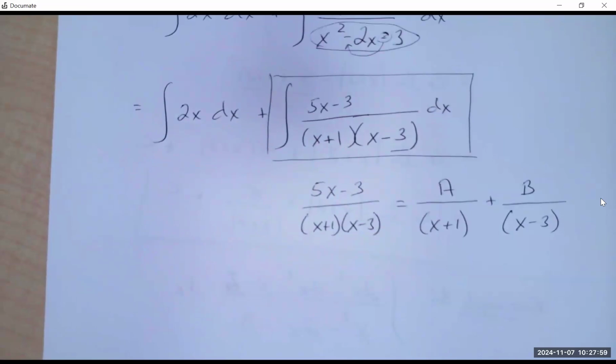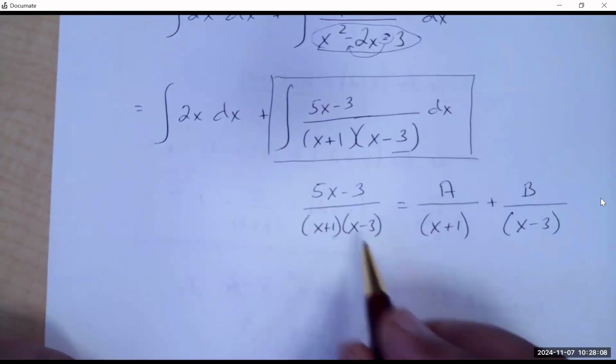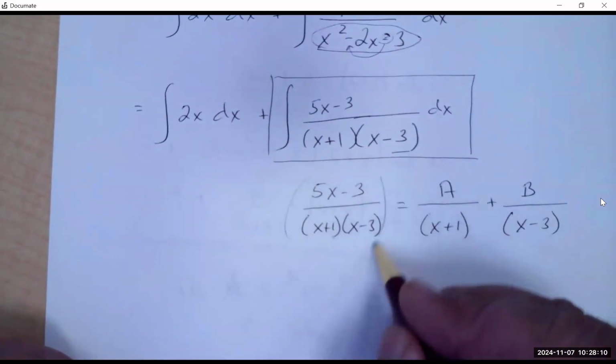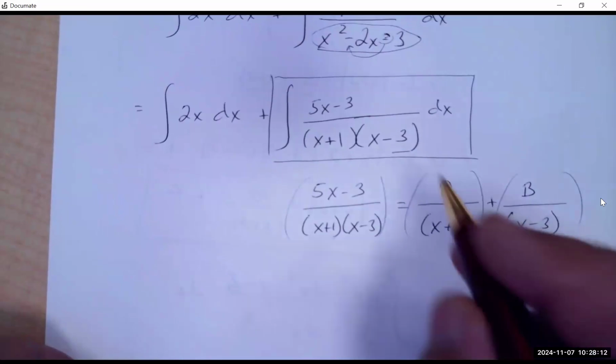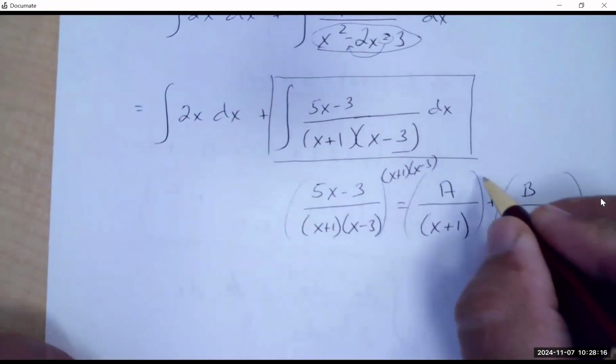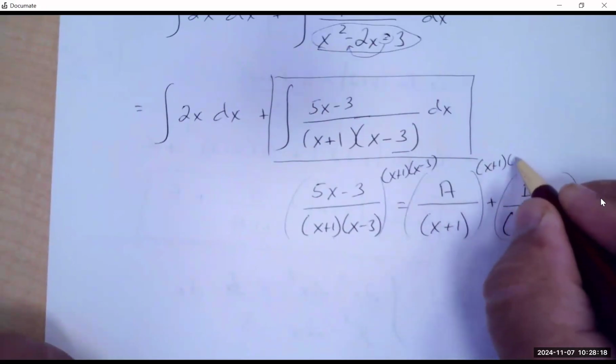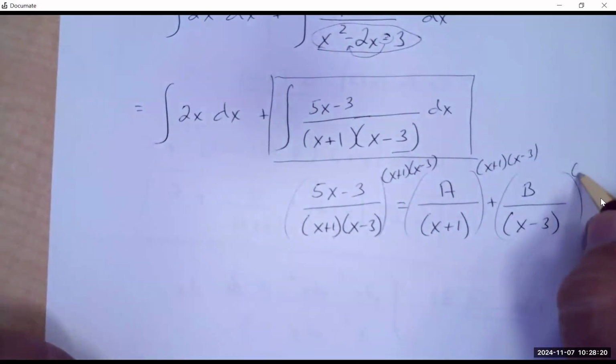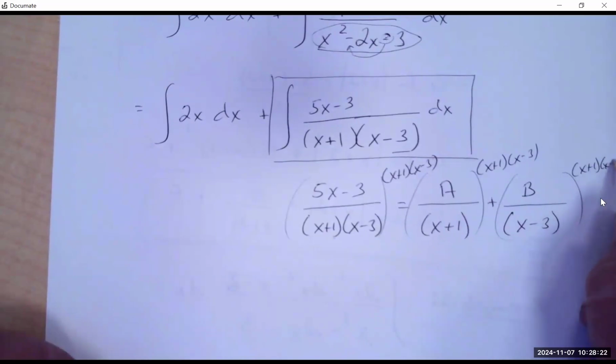So what's my first step? Multiply everybody by the LCD. Multiply all three of these terms by the LCD, which is (x plus 1)(x minus 3).